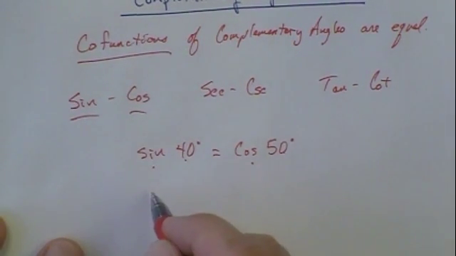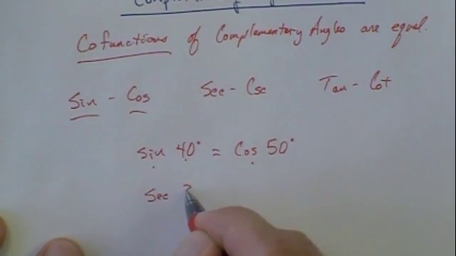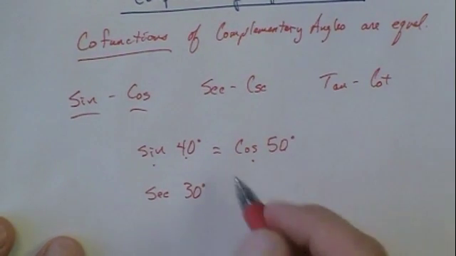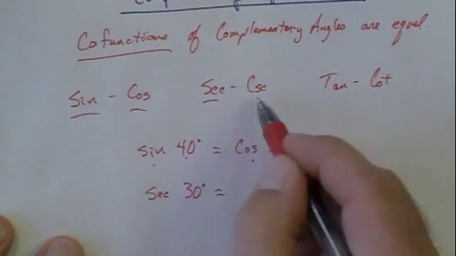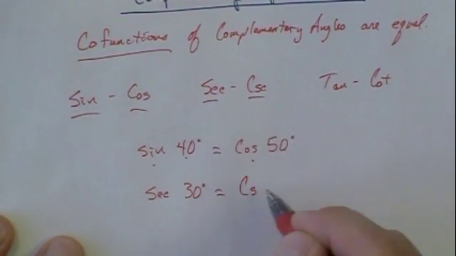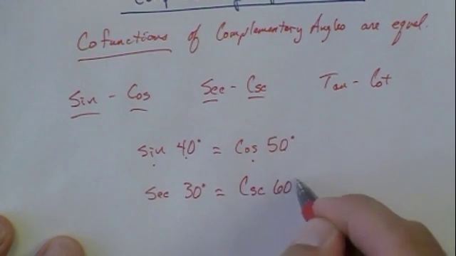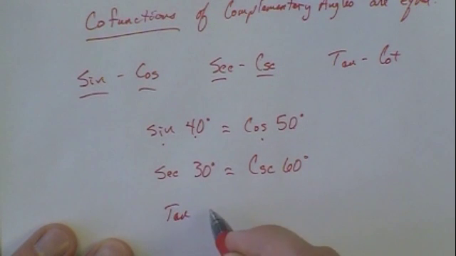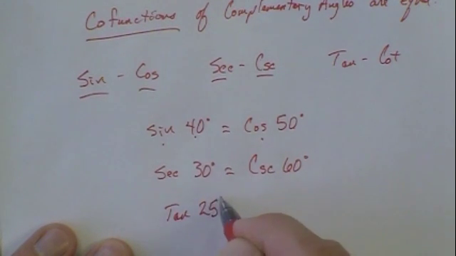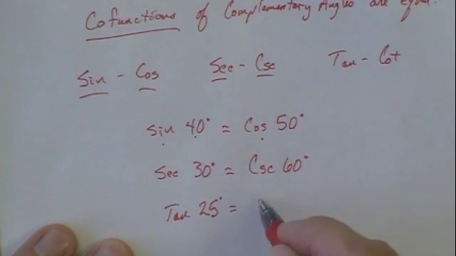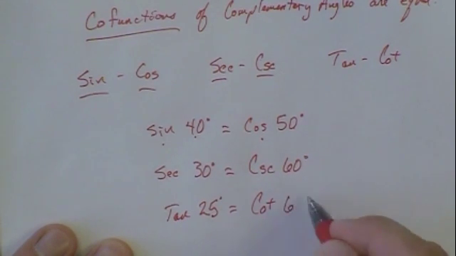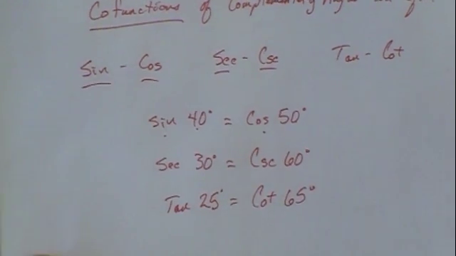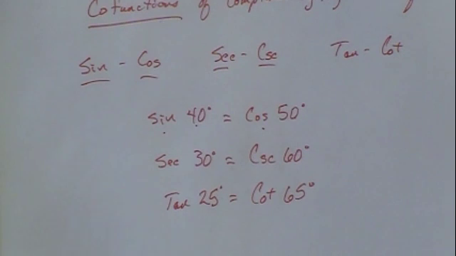So then we could also say, for example, that the secant of 30 degrees would be equal to, here's our cofunctions, so cosecant of 60 degrees. Or if we're talking about the tangent, tangent of 25 degrees would then be equal to the cotangent of 65 degrees. And that is our complementary angles theorem.